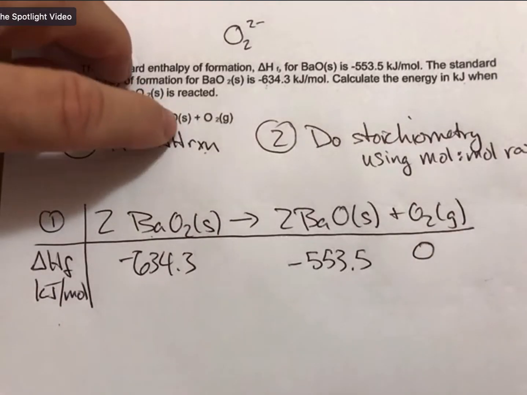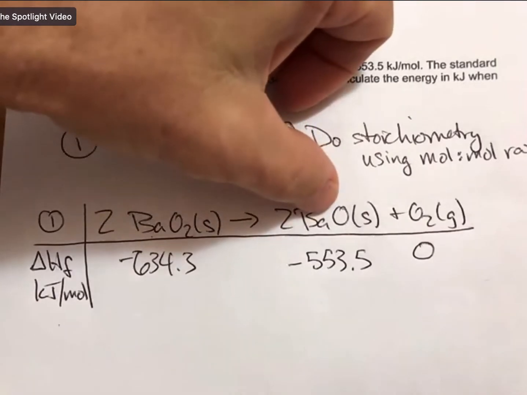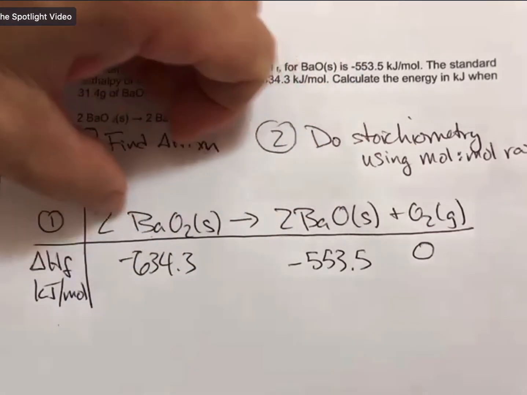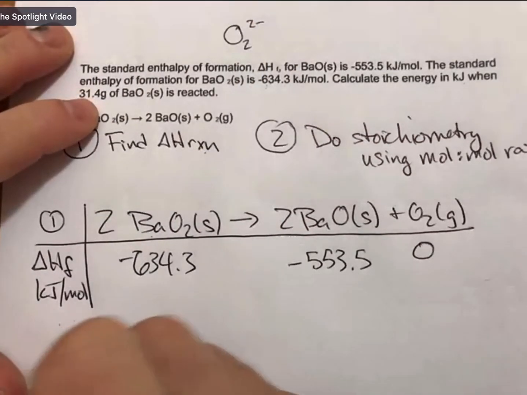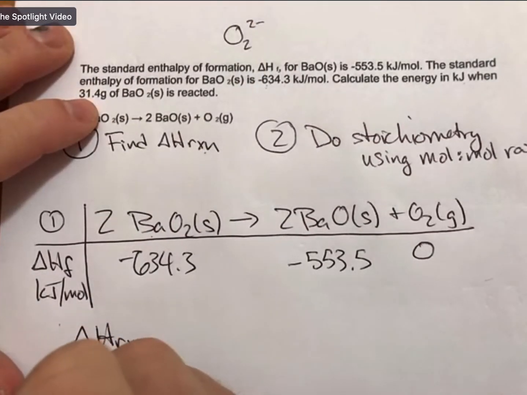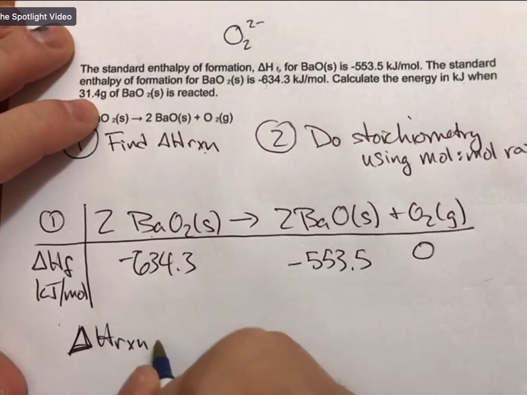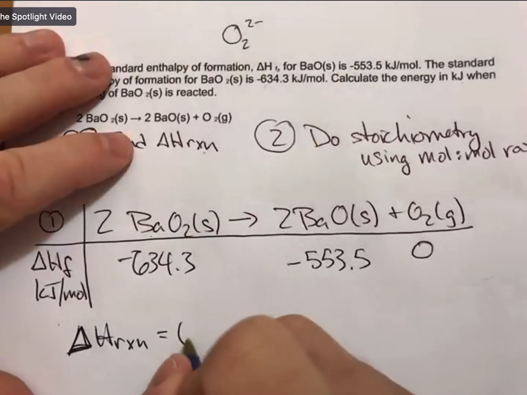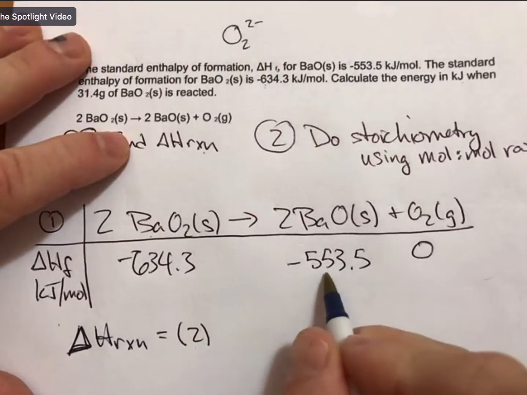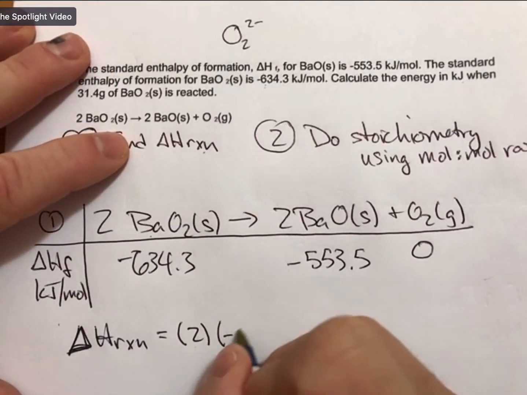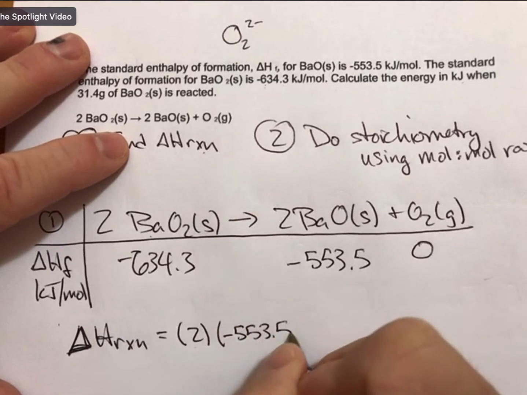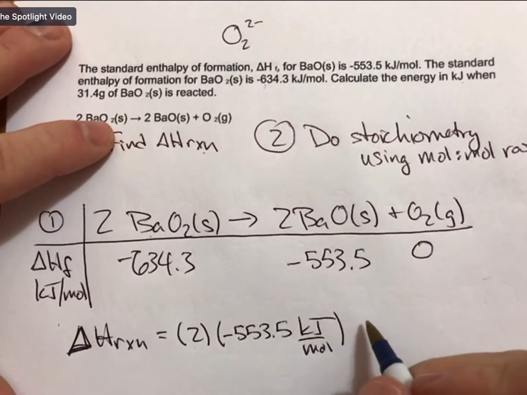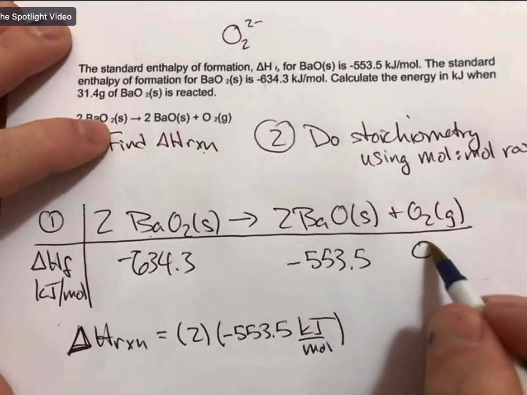Now to find delta H reaction, it's going to be products times coefficients minus reactants times coefficients. Delta H reaction is going to be products times coefficients, and I guess I'll do coefficients times products. We don't have to put in the 0 here.